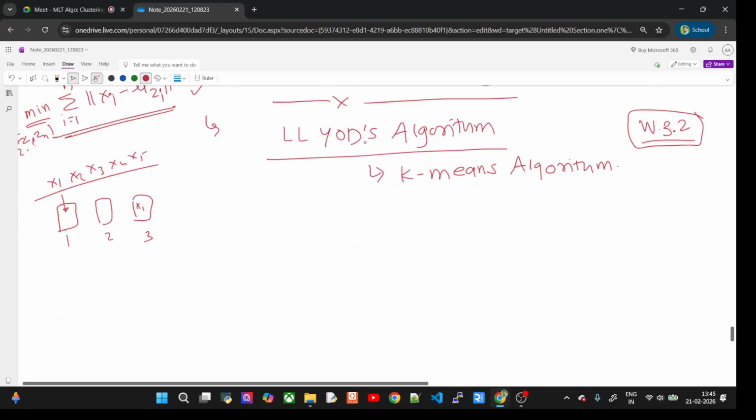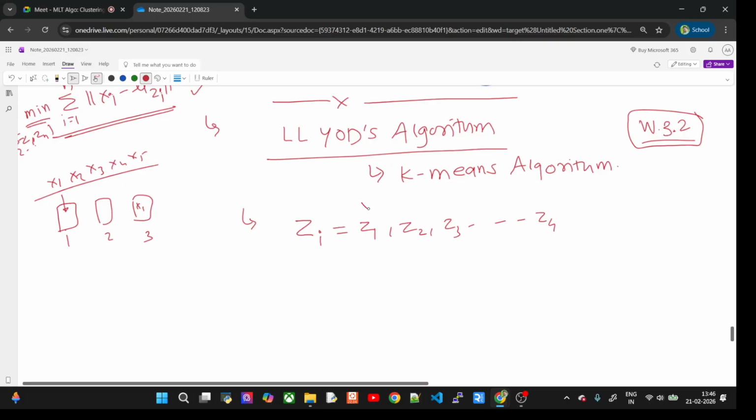Now this Lloyd's algorithm, we now understood this terminology. The zi you understood, like what zi is saying: z1, z2, z3 and so on till zn.